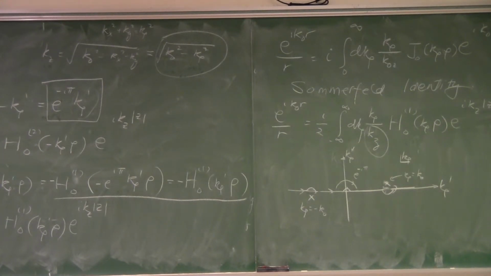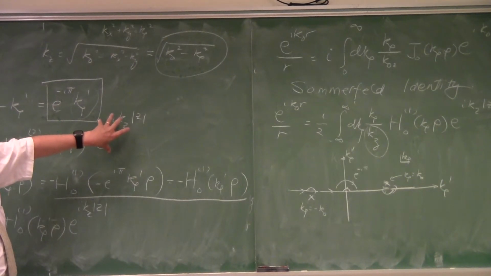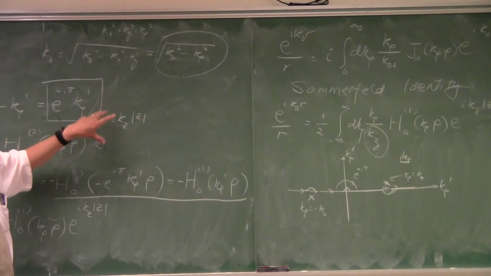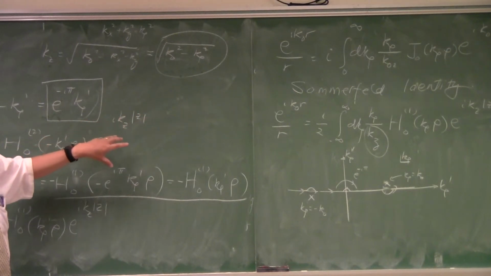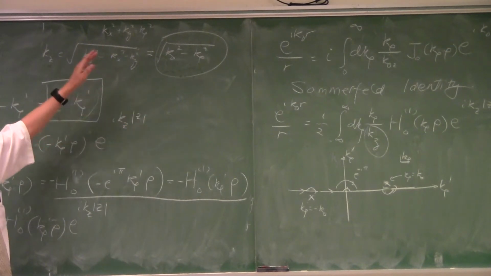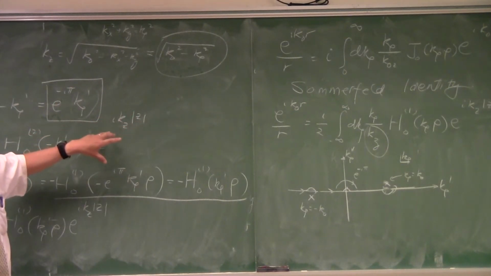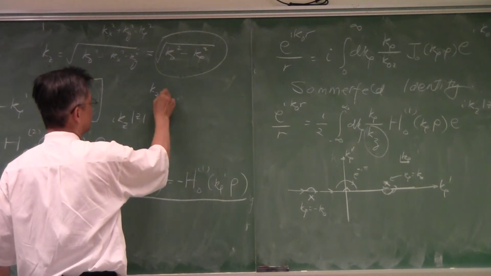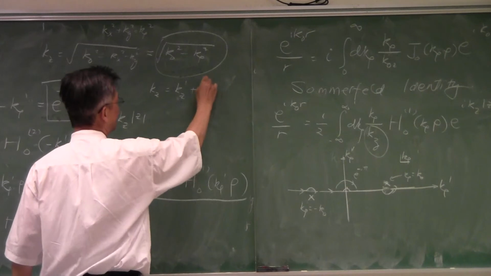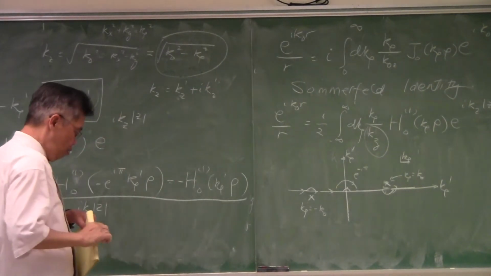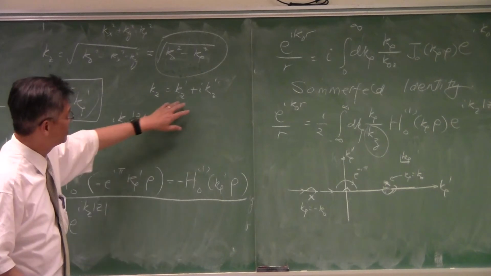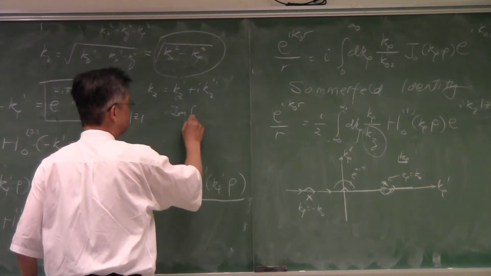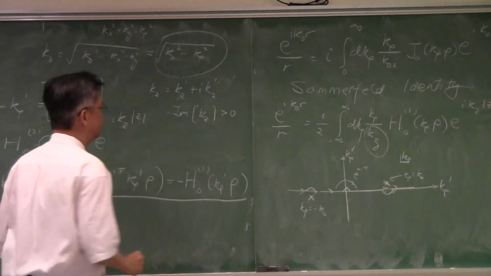Okay, so we have to fix that value. How would we pick kz? Well, of course, the simple thing is that we have to pick kz, the square root, according to physics. It has to correspond to a wave that satisfies the radiation condition, that it becomes vanishingly small at infinity. So if kz becomes a complex number with the real part and the imaginary part, we better pick the square root such that the imaginary part of kz is larger than 0.